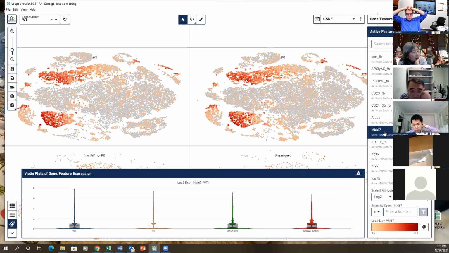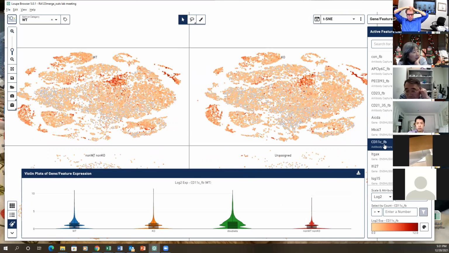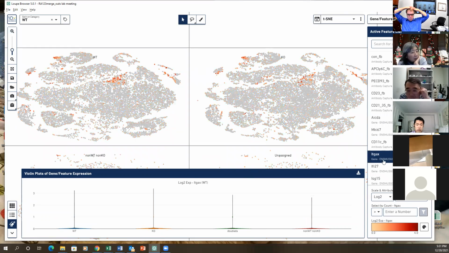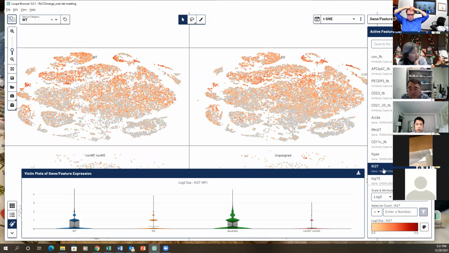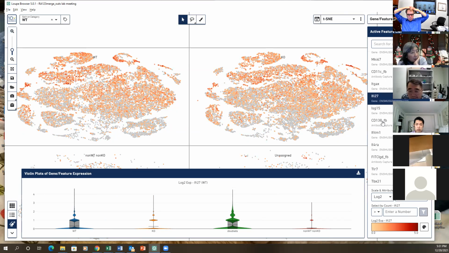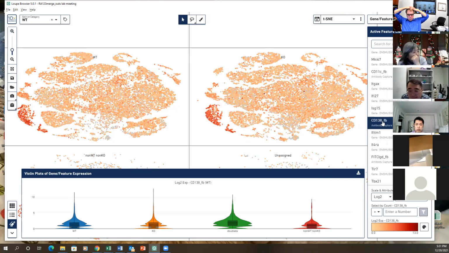KI67, CD11C, 7. It's actually slightly higher here. 138.